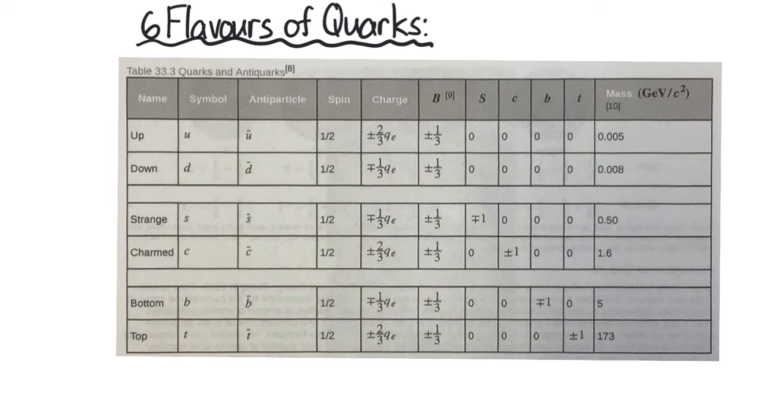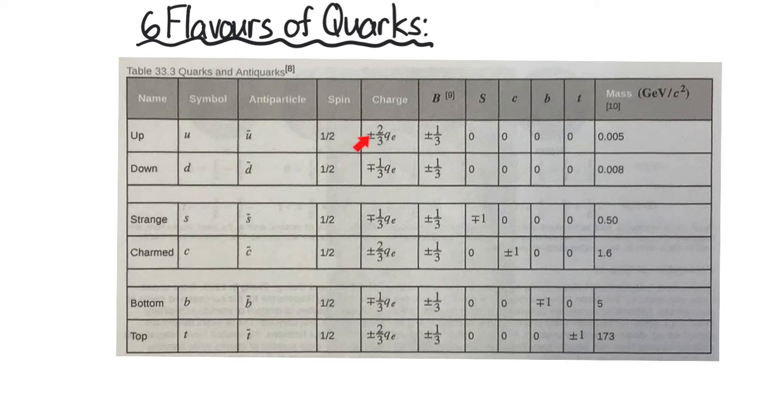Now, if we look at their spins, all their spins are a half, and the up, the charmed and the top all have a plus 2/3 of the base charge. That's the magnitude of the charge of the electron, which is 1.6 times 10 to the minus 19 coulombs. And the down, the strange and the bottom have minus 1/3.